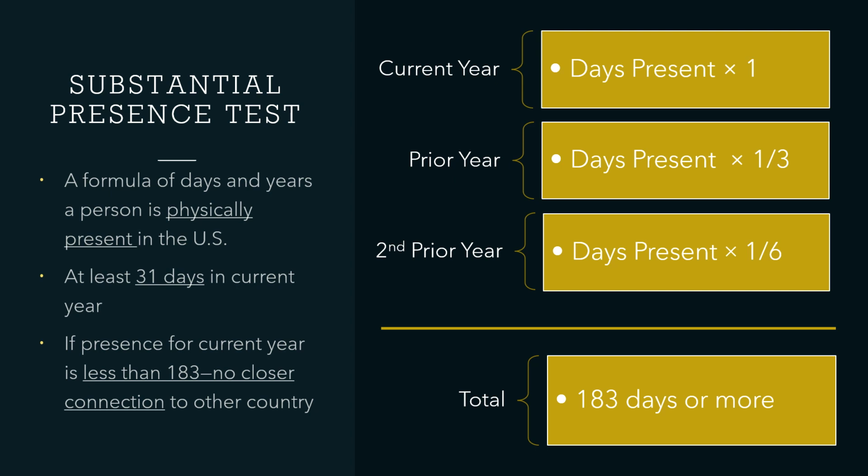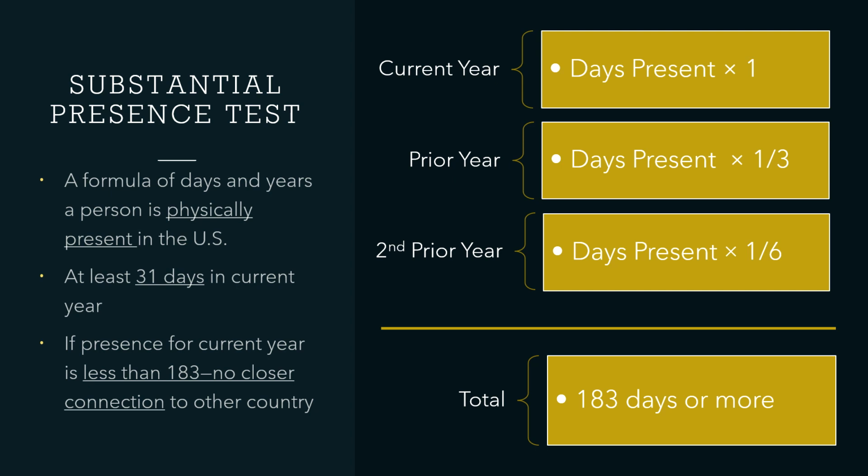And we are looking to get a threshold of 183 days or more spread out over the last 3 years. But the days in each of those years don't have the same weight. The current year, the tax year that we're looking at, those days get full weight. So you multiply the days present in the current year by 1.